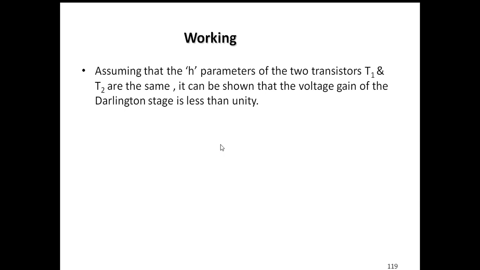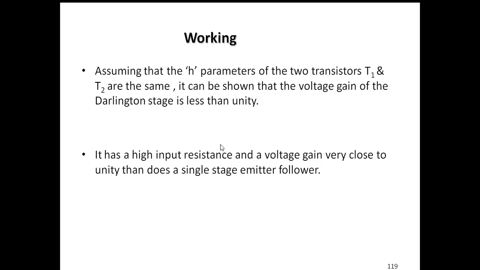Assuming that the h parameters of the two transistors T1 and T2 are identical, it can be shown that the voltage gain of the Darlington stage is less than unity. The voltage gain may be less. It has high input resistance and voltage gain very close to unity, like a single stage emitter follower.